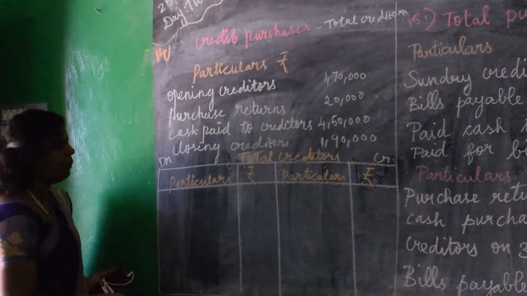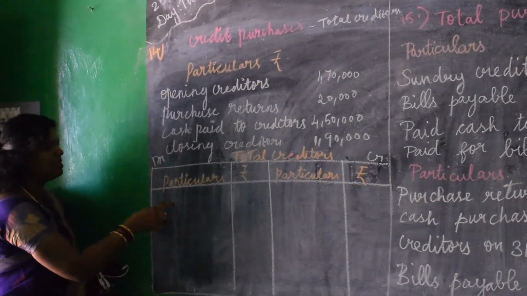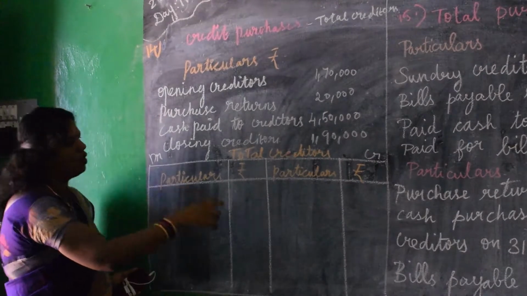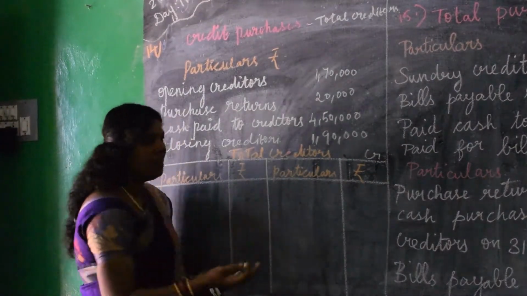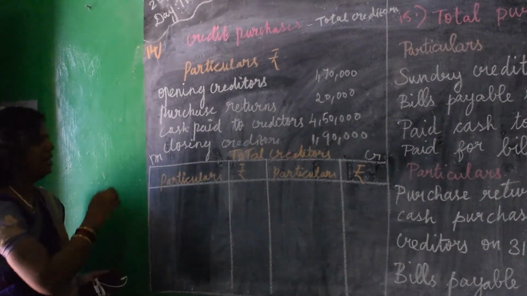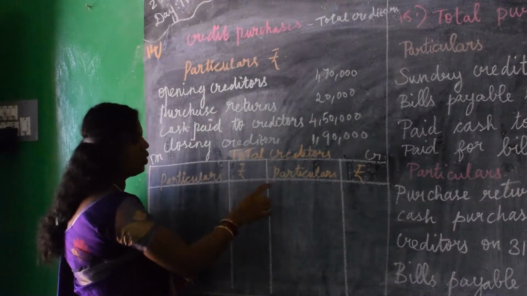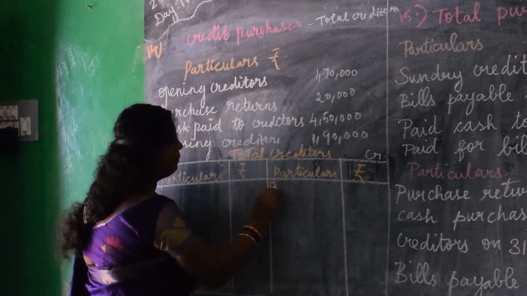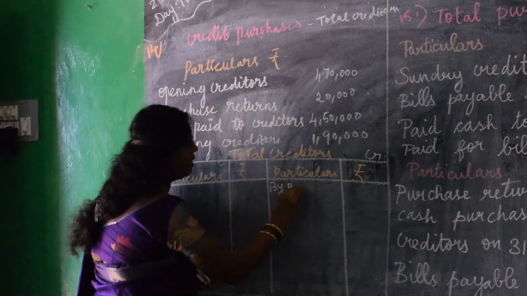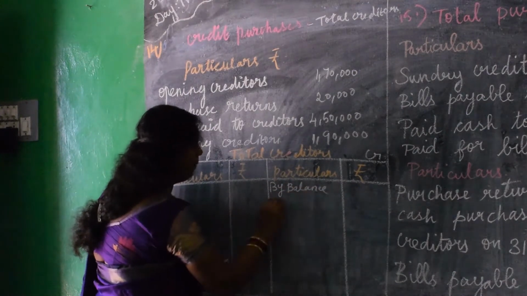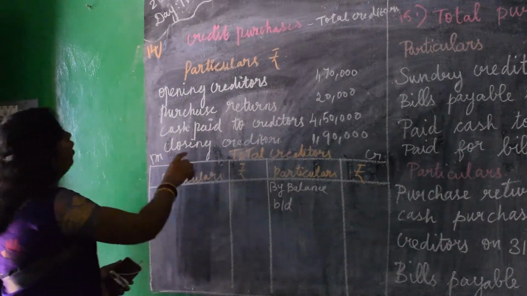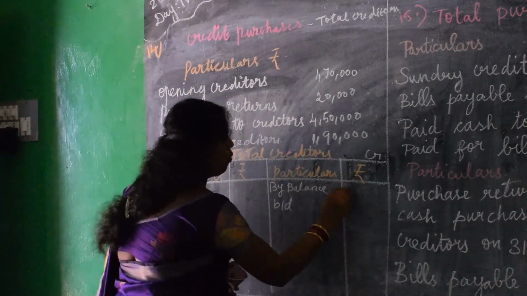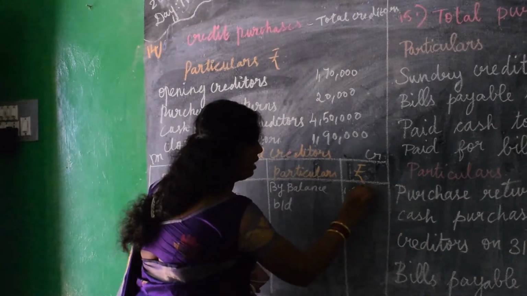In the total debtors, we wrote the opening balances on the debit side and the closing balances on the credit side. What is the reverse? The reverse means here, in the total creditors, you are going to write the opening balance by opening balance B by D, that is, opening creditors is 1,70,000.